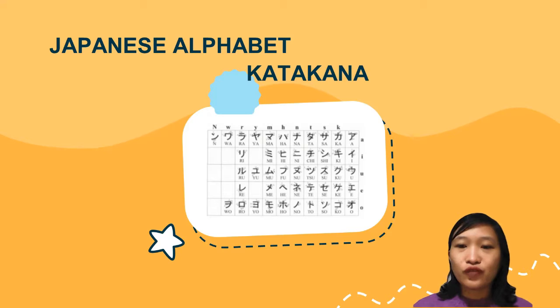They're also used for emphasis and to represent onomatopoeia. You can often see katakana used to spell technical and scientific terms and for names of plants, animals, and minerals. Japanese companies and brands may choose to use katakana for their name in the same way an English language brand would use a special font.